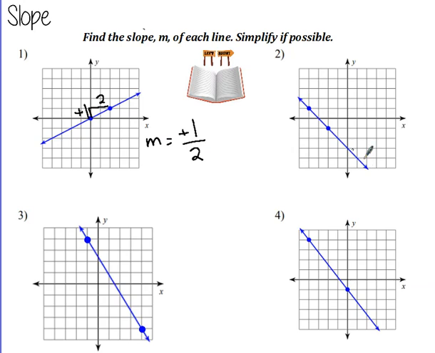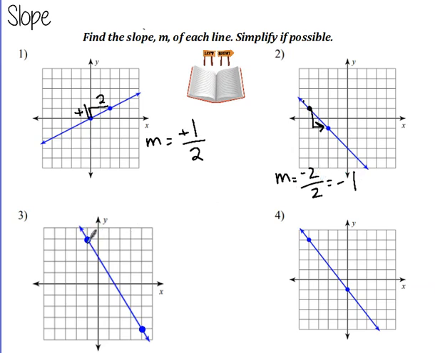This one is falling, so it's definitely going to have a negative slope as long as I go from left to right. If I look between point to point, I see that it goes down 2 over 2. So this has a movement of down 2 over 2. I can reduce this to a -1 or leave it like that.